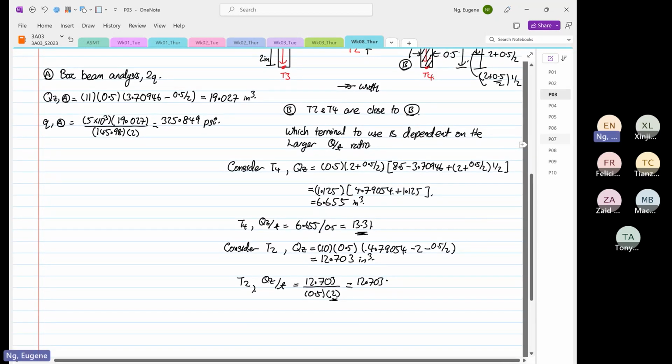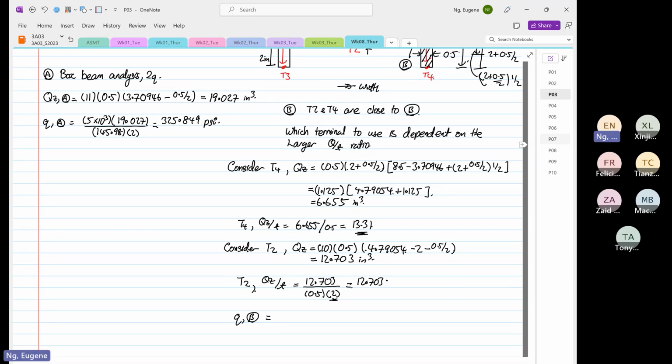So from here, we have our Q at point B, which will be equal to 5 times 10 to the power 3 multiplied by 13.31. Or not 13.31, you just have to take the first moment of area.